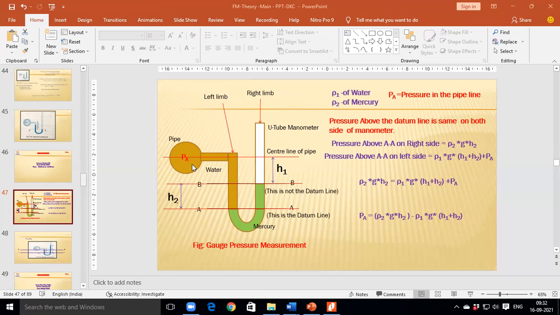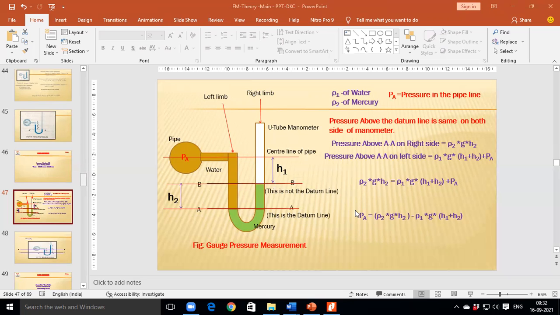If the pressure exerted by the fluid inside the pipeline is 0, what happens to the level of mercury? There are two horizontal lines shown, A dash and B dash.